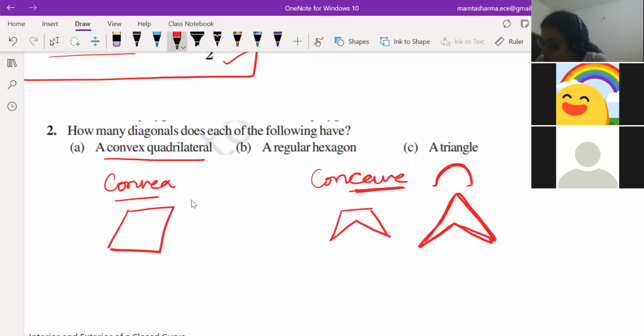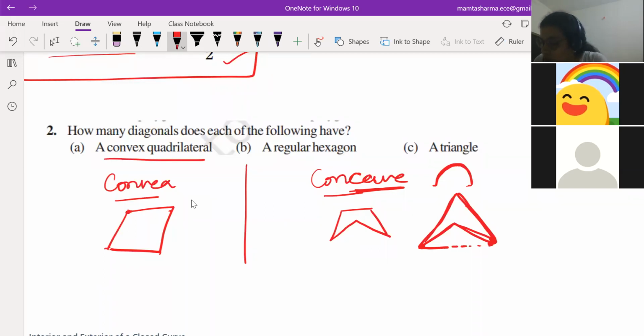What is the difference between concave and convex? In concave, one of the diagonals will lie outside of the shape. In convex, all the diagonals will lie inside the shape only. That is the basic difference.